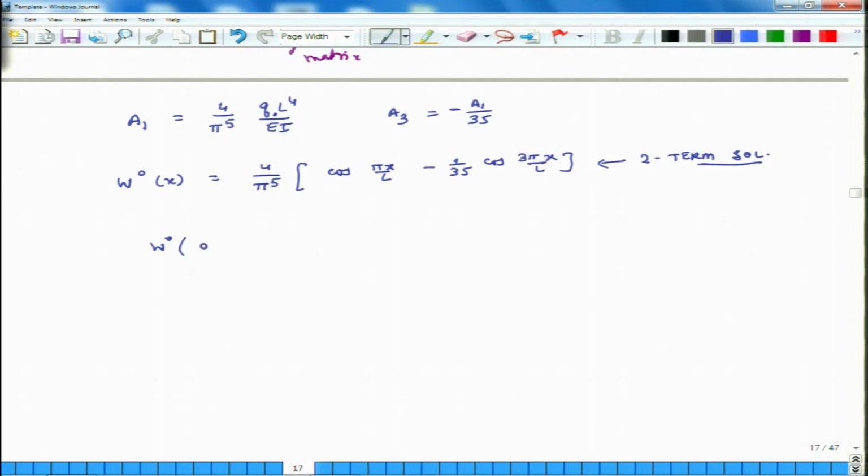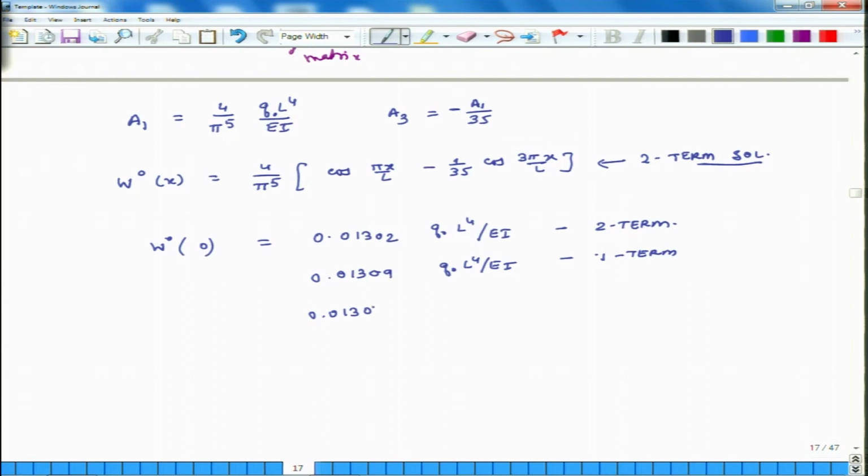Just for comparison purposes, W naught at 0, which is the origin, is equal to 0.01302 Q naught L4 by EI for the two term solution, and it is 0.01309 Q naught L4 by EI for the one term solution, and it is 0.01302 Q naught L4 over EI for the exact solution.